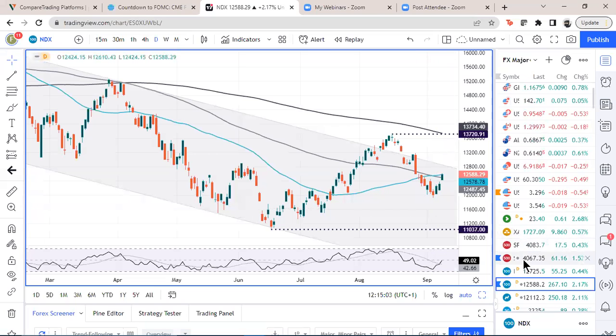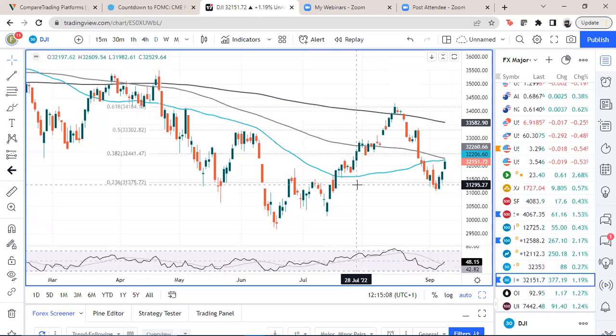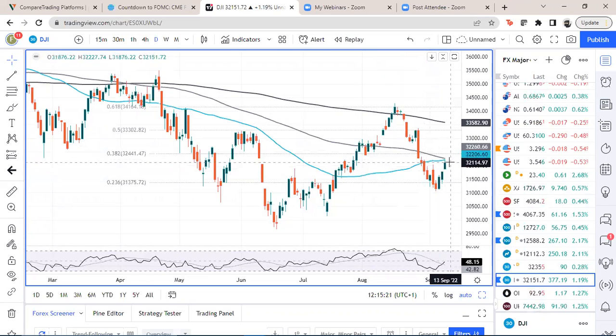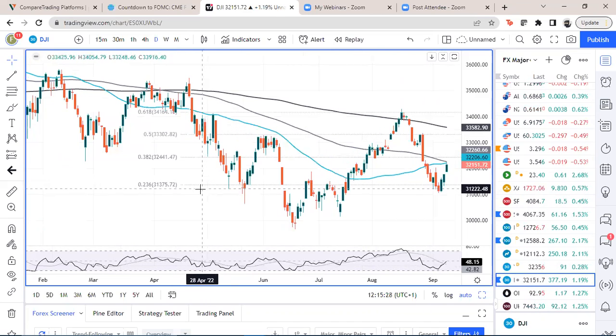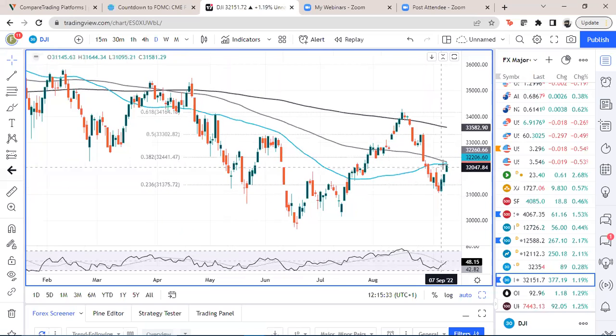Just touching on the Dow, I know a lot of people still look at the Dow, very popular to trade. On the daily, again, the 50-day moving average is just above prices at 32,206, and the 100-day moving average at 32,260, so that will probably offer some resistance above. And then I've kept in some fib levels here, from the year's high to the year's low, and potentially we've got the 38.2 at 32,441 as resistance.